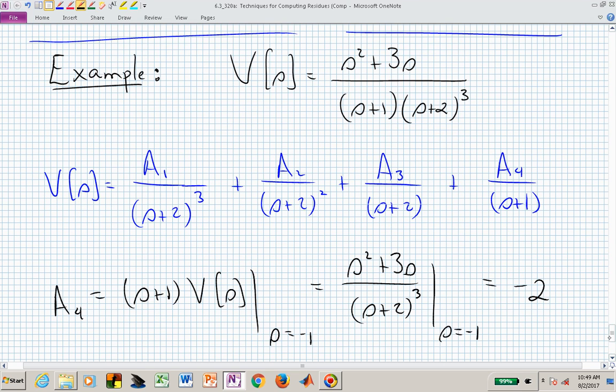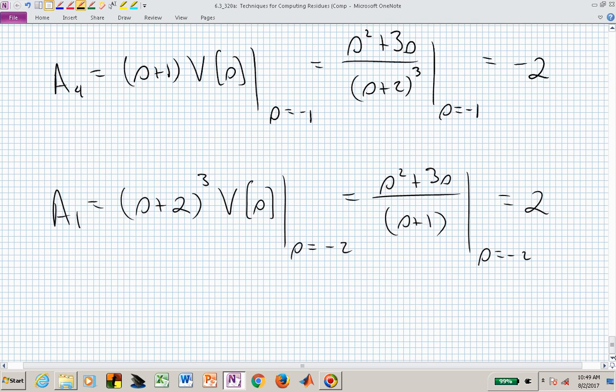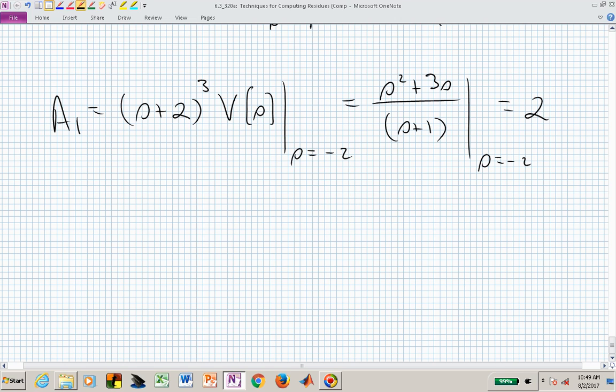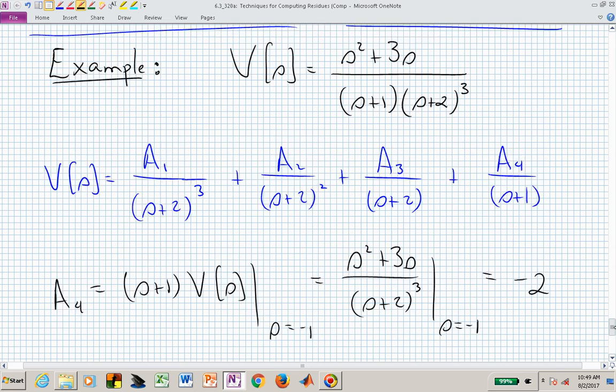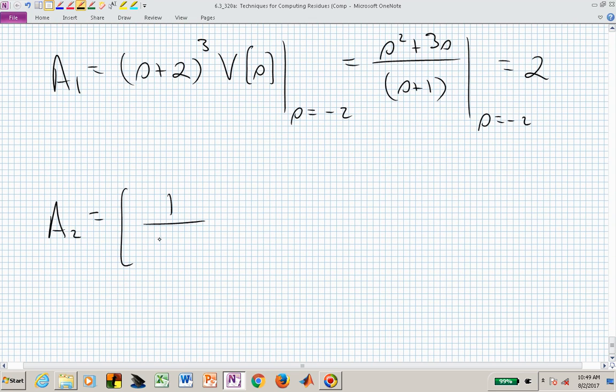Now we have to use a different strategy. We could get a common denominator. We could pick two convenient values of s. We have two more coefficients to find, a sub 2 and a sub 3. But since we're trying to illustrate the last approach, which is this differentiation approach, let's find a sub 2 and a sub 3 using the differentiation approach. A sub 2 now, if we go back to this formula, it's 1 over 2 minus 1 factorial. So let me plug in the appropriate expressions.